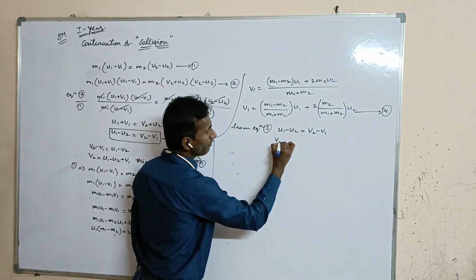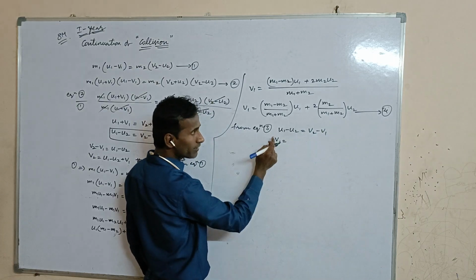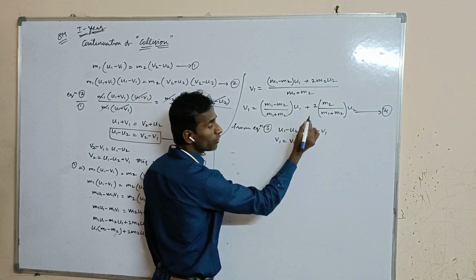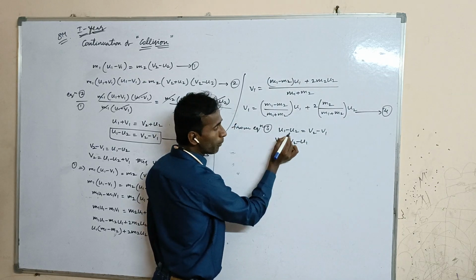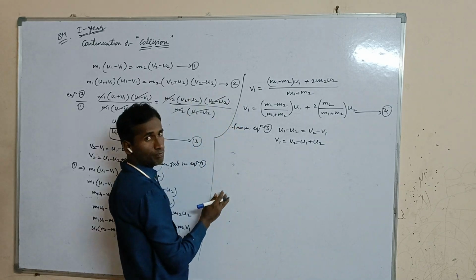Now I require only v1, so we bring it to this side: v1 is equal to v2 minus u1 plus u2.